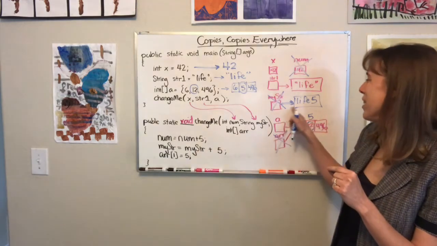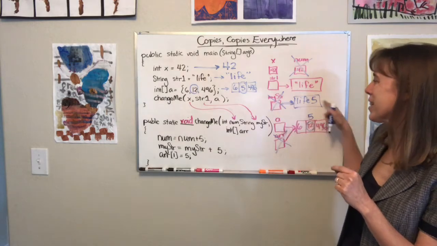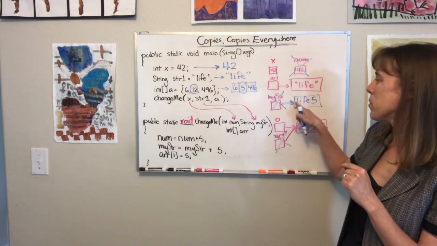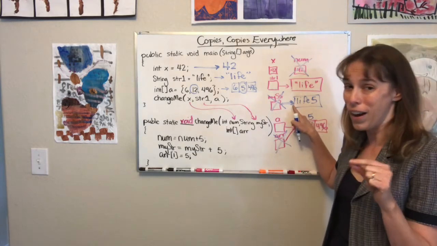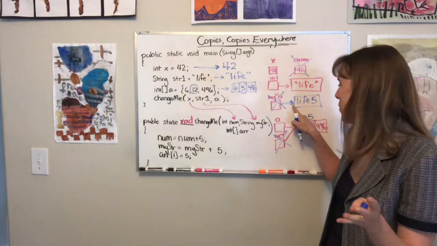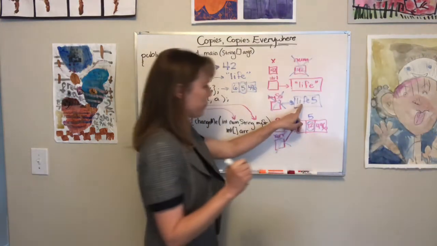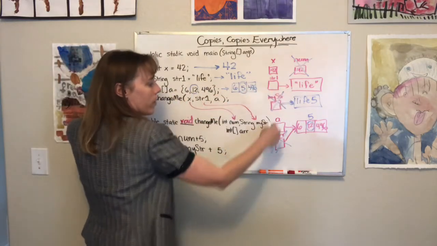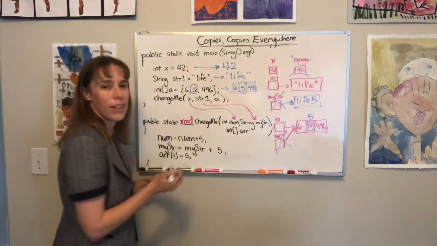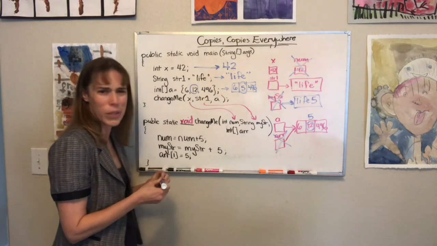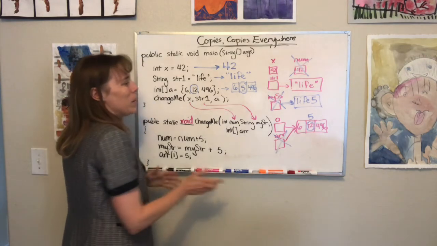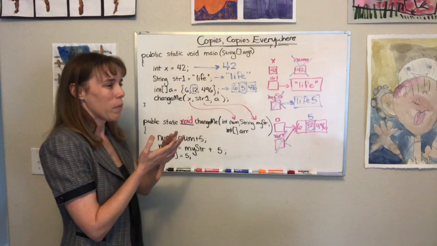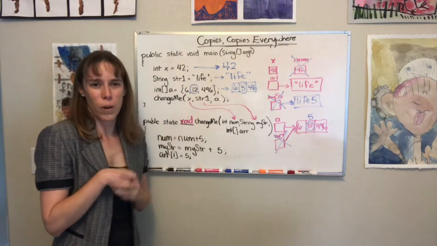Then it chucked the old string. There was no one pointing at life 5 anymore, so it's gone, and string 1 is still pointing at life, even though A has pointed at a changed value. Oh, that's weird. If you treat strings a little bit more like primitives, it'll work out for you.